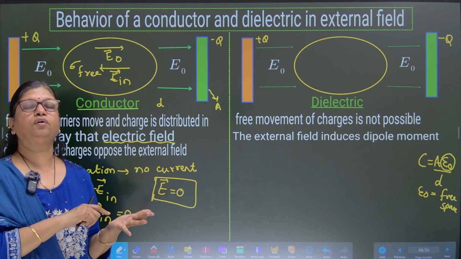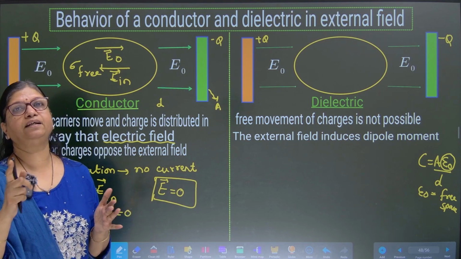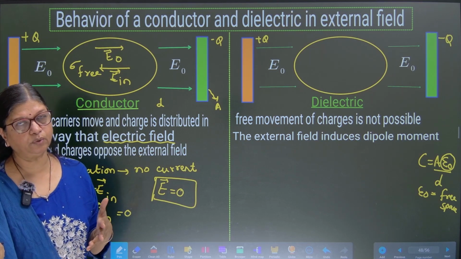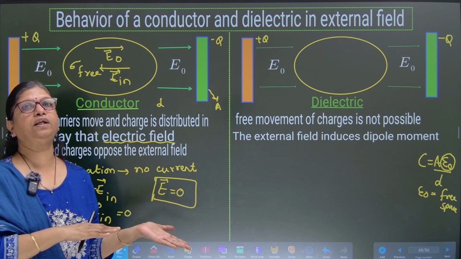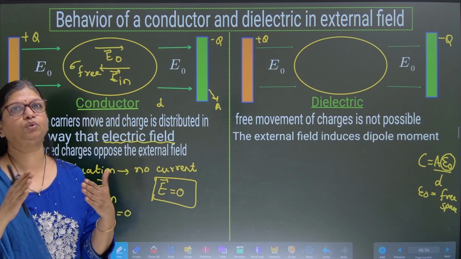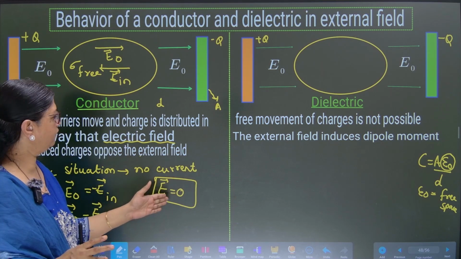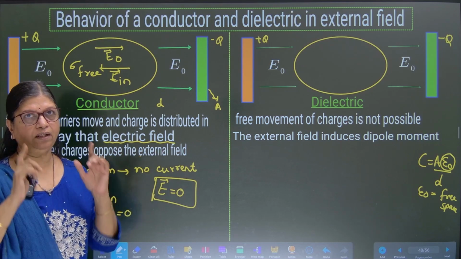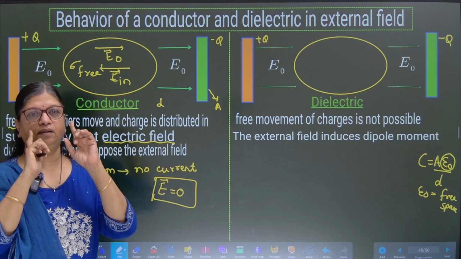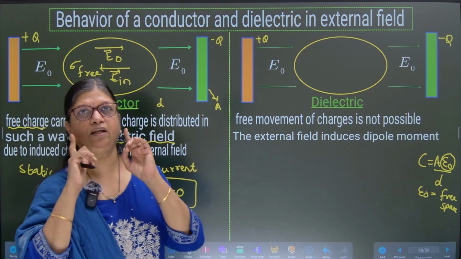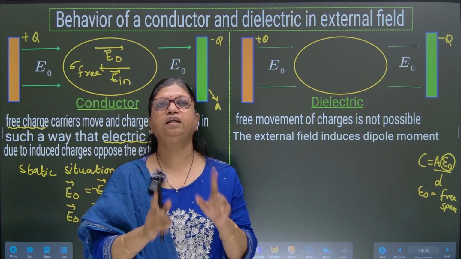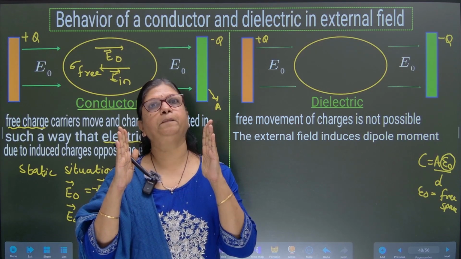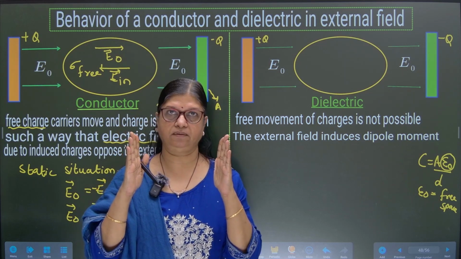Okay, so E naught and E in, which is the electric field due to the induced charges, are equal in magnitude, opposite in direction, so they cancel out, and the net electric field is zero inside the conductor. Fine. So this should be in your mind, that the electric field inside a conductor is zero when placed between the parallel plates of a capacitor.